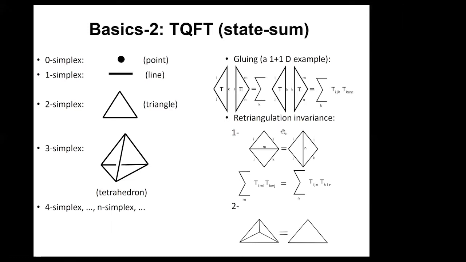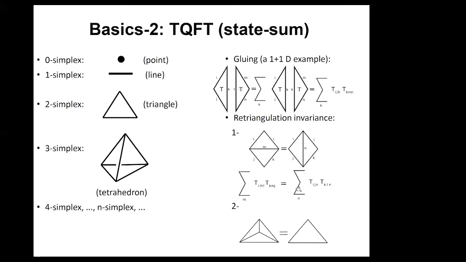The triangulation invariance means that if I triangulate this square in this way or in this way, it should not matter in terms of the tensor contraction. Contracting this T tensor along the edge M, which is this equation, should be the same as contracting these two tensors in this way along the edge N, which is given by this expression.